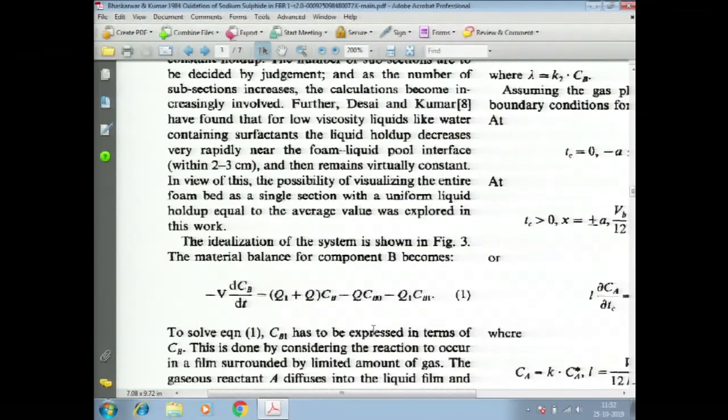Cb0 is known, Q is known, Q1 can be related to the gas flow rate. I will show shortly how it can be. Cb is what we want to determine. What is not known now and which is the onus now is getting this Cb1.